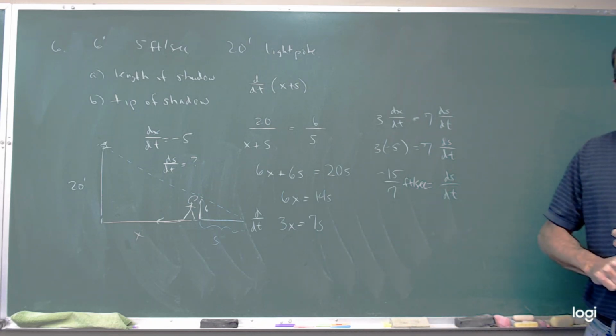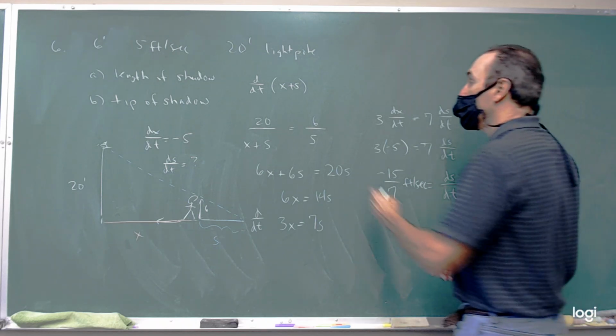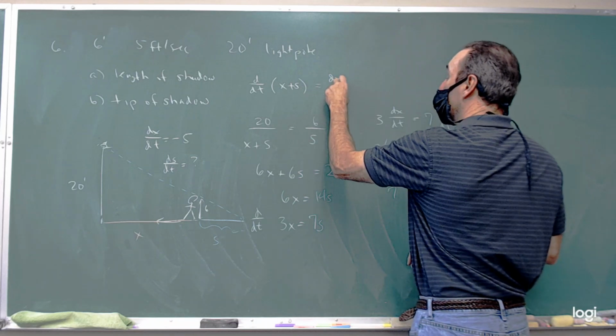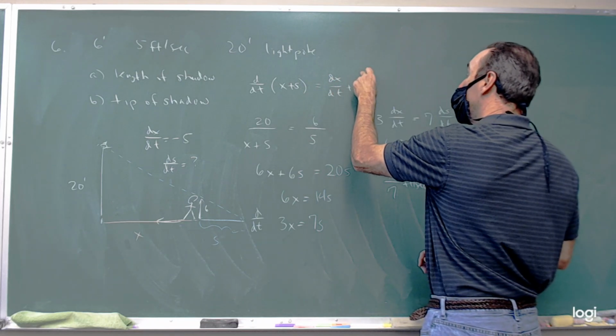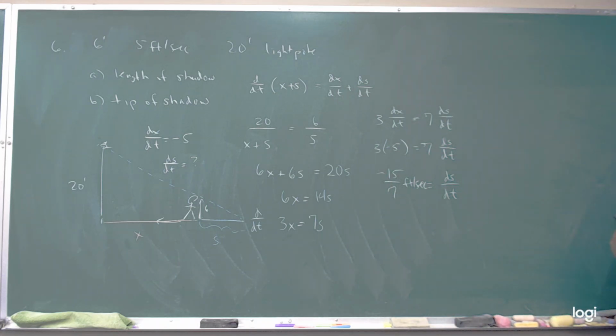Because that's how far the tip of the shadow is from the light pole. And that is just going to be dx dt plus the ds dt. Does that make sense?